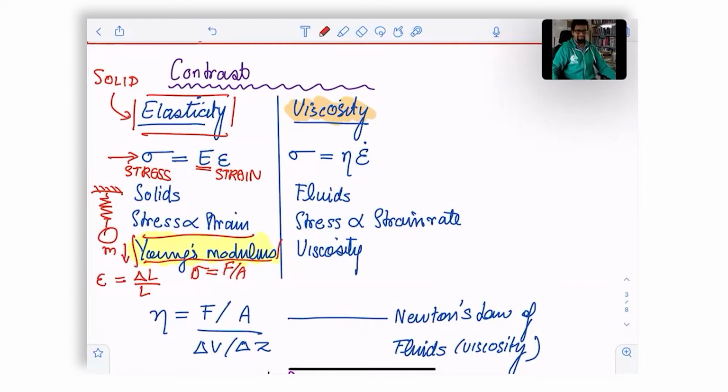Meaning to say, for steel, for silk, for bones, for teeth, for cartilaginous tissue, we can report a Young's modulus, just like we can report it for wood and for mud and for concrete and so on and so forth, which is what an engineer would usually use. Engineering is nothing but applied physics, right?